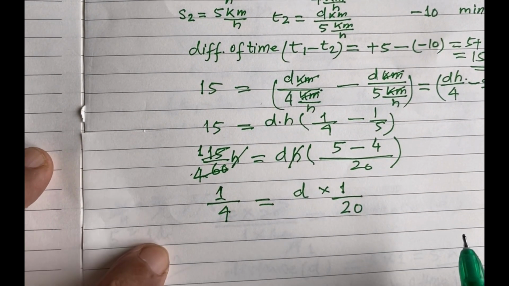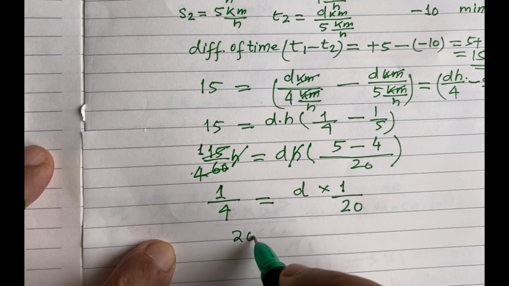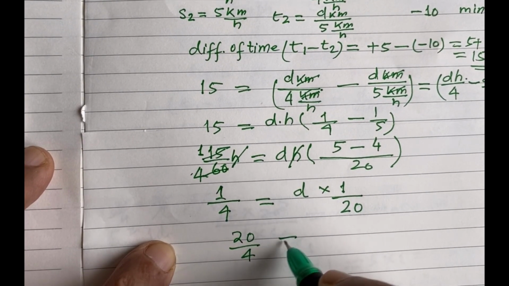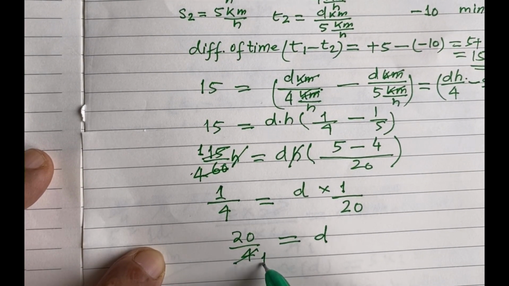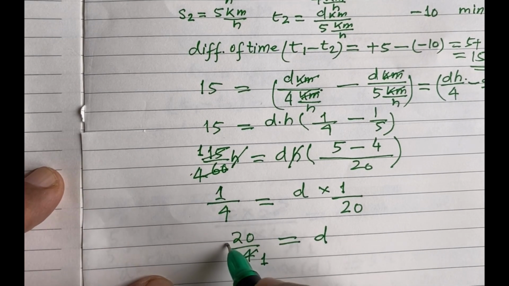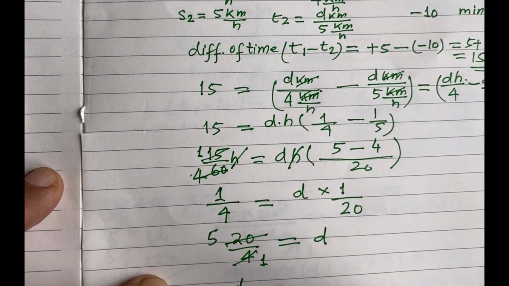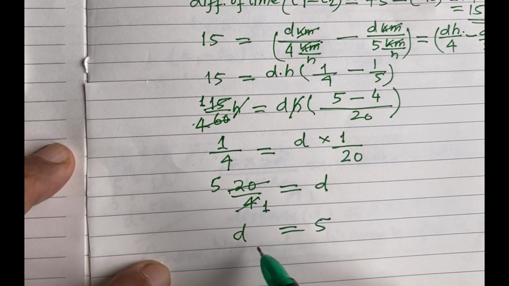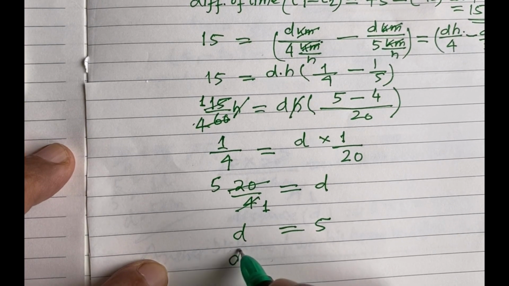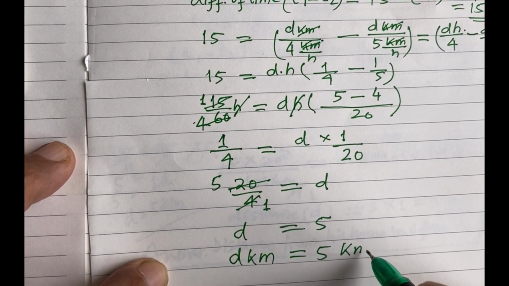Hence what we get, 20 divided by 4 is d, that is 1 times 4 is 4 and 5 times 4 is 20. Hence d equals 5. So the distance d kilometers becomes 5 kilometers.